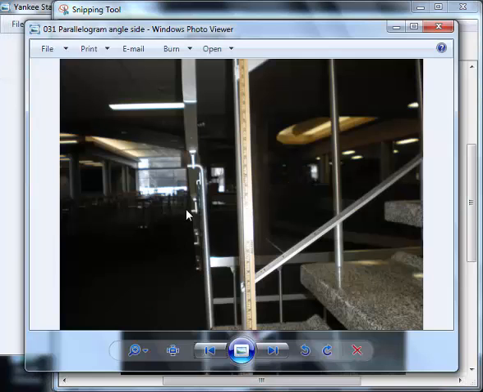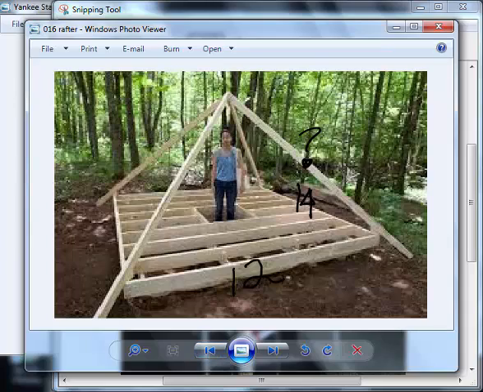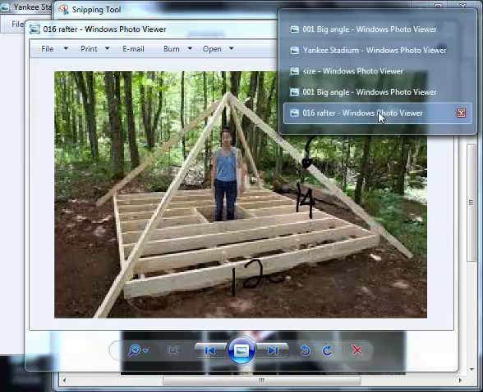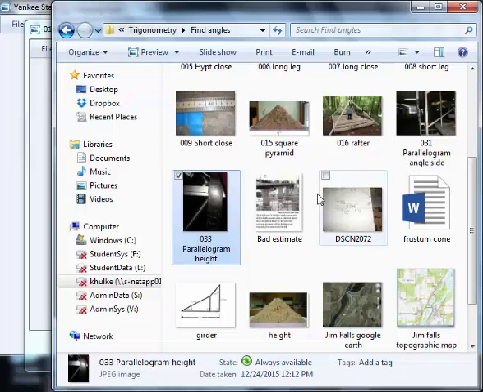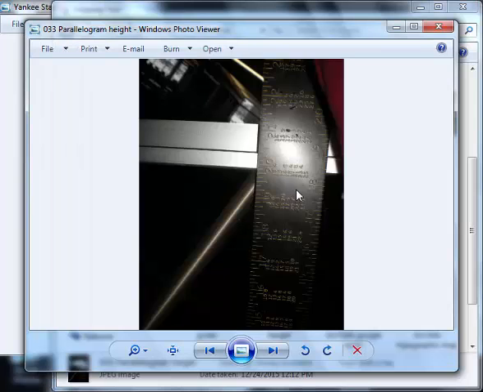Let's see, where did I put it? There it is. It is 20 1/4 inches.